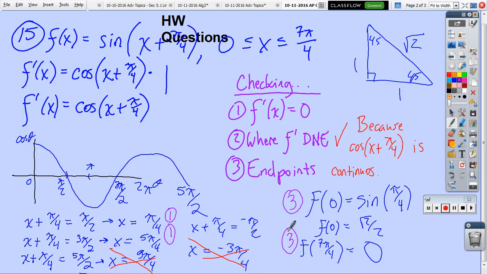I wish I could fit it all in one, but it looks like that's not going to happen. What you would do is plug pi over 4 into here and find the value of it. Only these two were within the interval for x.